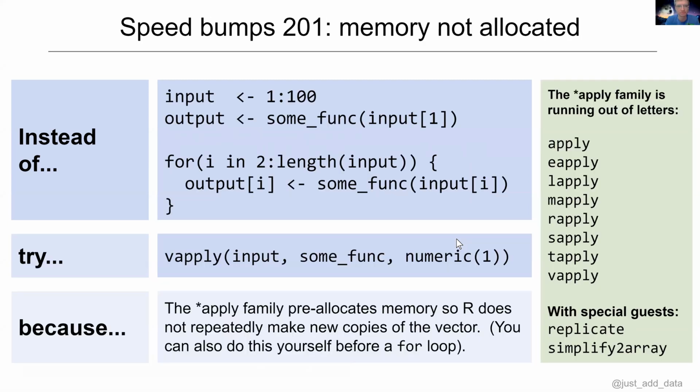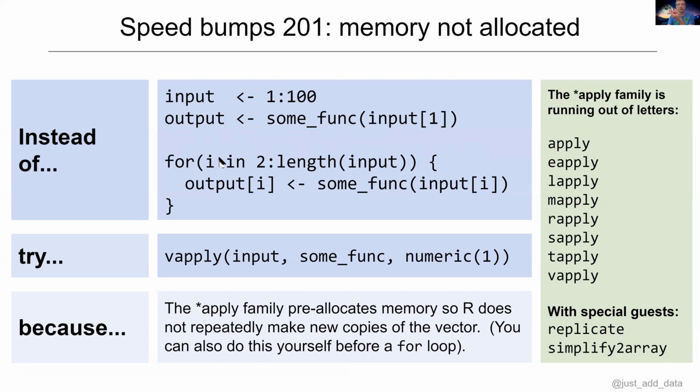The question is, why are you using output and then output i? Oh, right. So this was to show an example of what you wouldn't want to do. The first thing I'm doing is I've got some kind of input vector, and I'm just calling a function on it and saying call the function on the first element of the vector, and that's my output. And now I've got this single valued output.